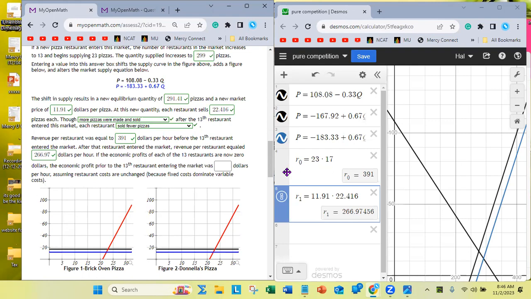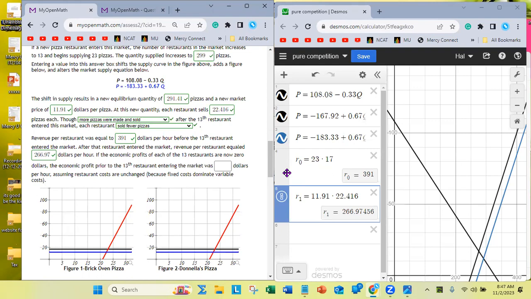So now, what we learn in pure competition is that over the long run, there are zero economic profits, right? In the short run, a firm can't enter. There's not enough time, right? You have to build a restaurant, and so on. But over the long run, firms are free to enter the market.